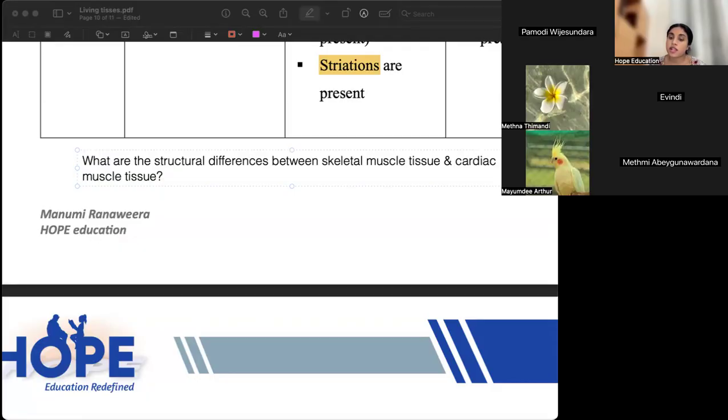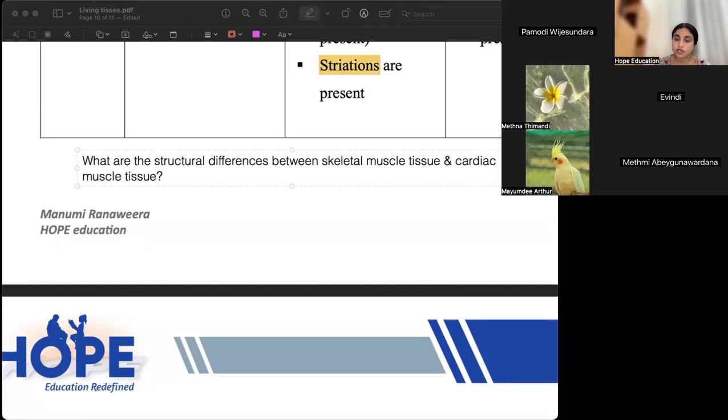Okay, a lot of you gave the answer, so I will say that yes, branched and unbranched, because skeletal muscle tissue is unbranched and cardiac muscle tissue is branched. Anything else? These are multinucleated and uninucleated. Yes, put it in the chat box, Ashwita. Got your answer in the chat box, yes.